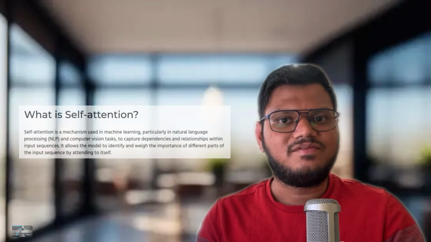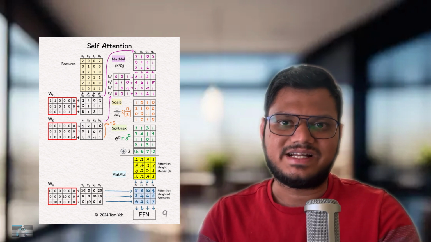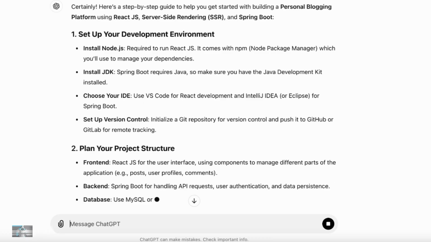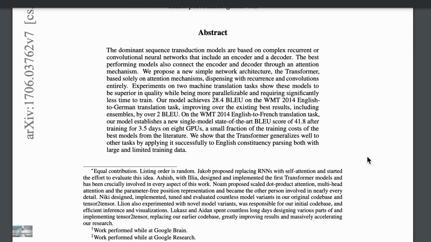This is called the self-attention mechanism, which is kind of a core concept behind ChatGPT, which is the real reason why we are getting such accurate responses. All the prompts are, at the end of the day, converted into vectors, and based on these values, ChatGPT generates a response to you. If you want to learn more about self-attention, there is a paper called Attention Is All You Need.